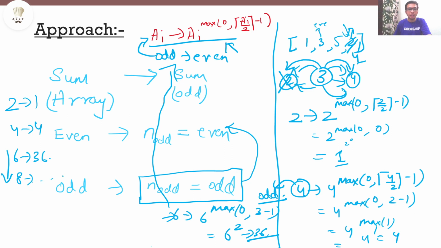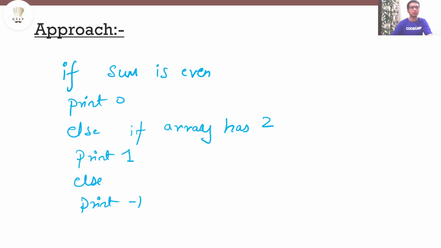So the only condition in which an even number gets converted to an odd number is this particular case. That is, if I have 2 in my given array, then only I can perform the operation on this 2 and get 1. This is the only case where an even number could be converted to an odd number.